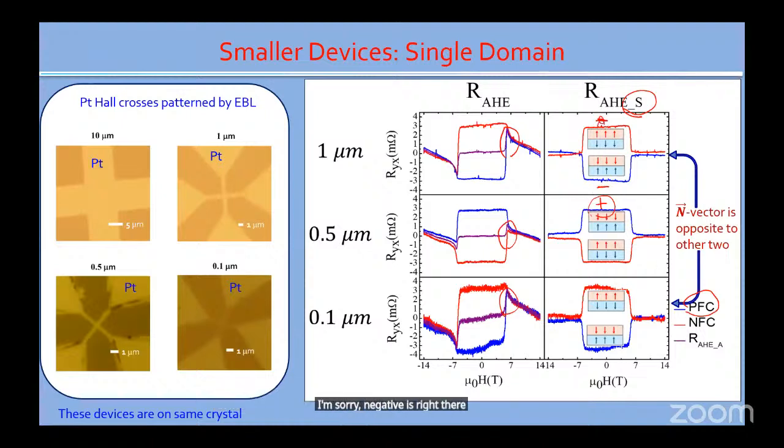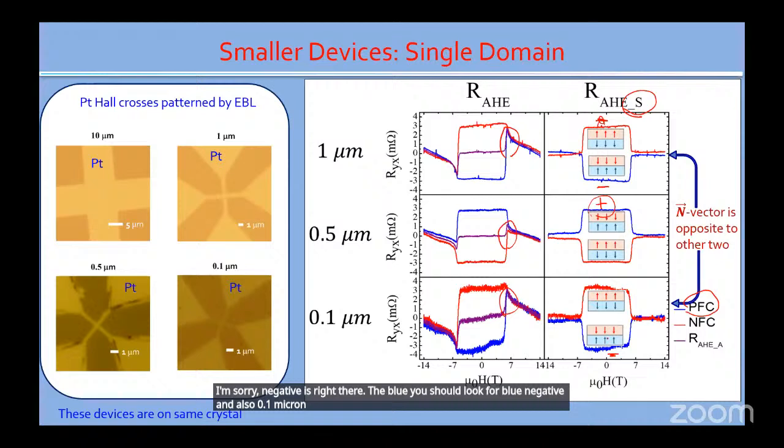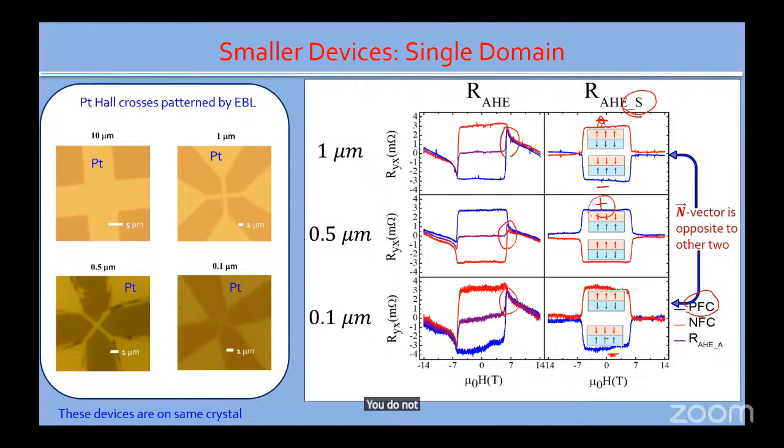Also the 0.1 micron is the lower branch, the negative. So that tells me that if you do field cool, you do not set the whole crystal into a single domain. Different parts have different domains, some up, some down. But if your device is small enough, you sense small regions that are a single domain, with no guarantee you're in the up or down orientation state.